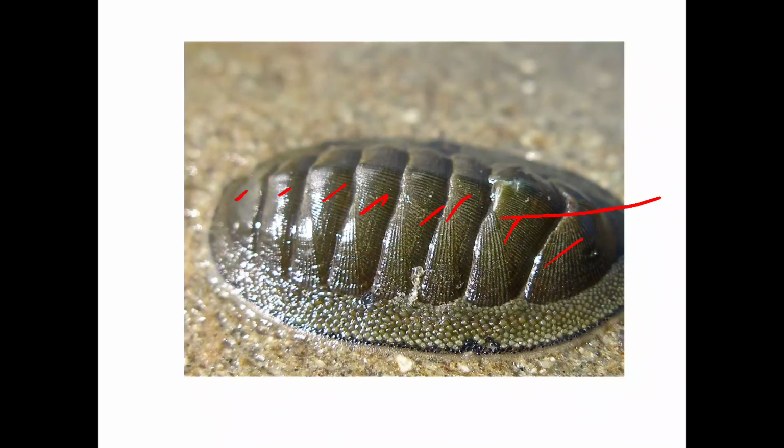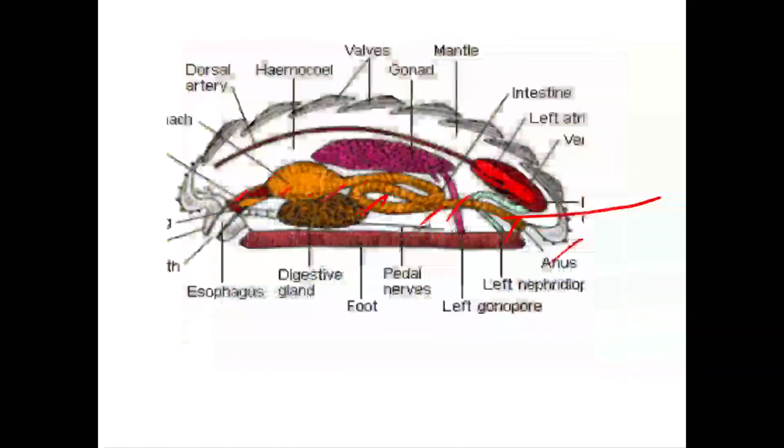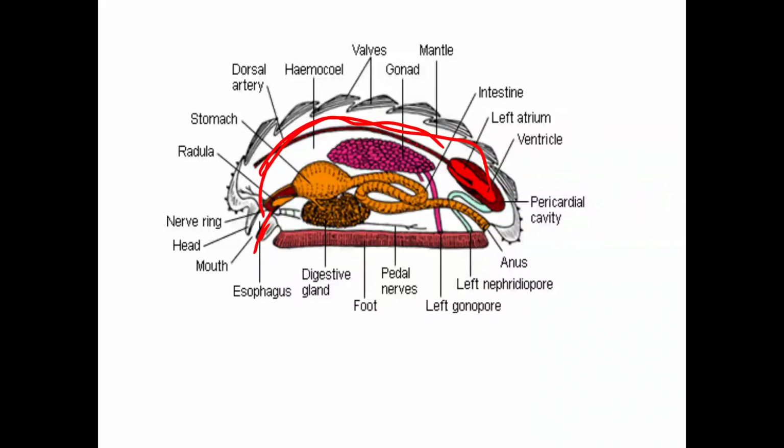The outer portion of the mantle that surrounds and partially overlaps the shell is referred to as the girdle. That means these are 8 shell valves which partially overlap each other. The outer portion of the mantle is called the girdle.